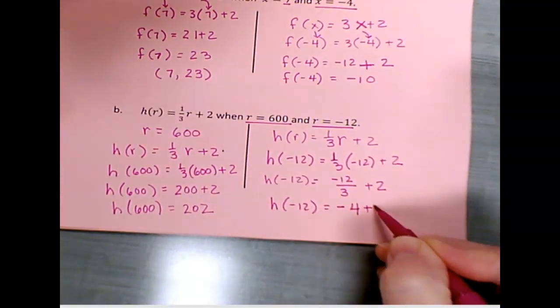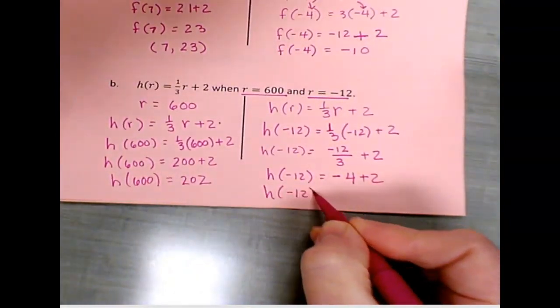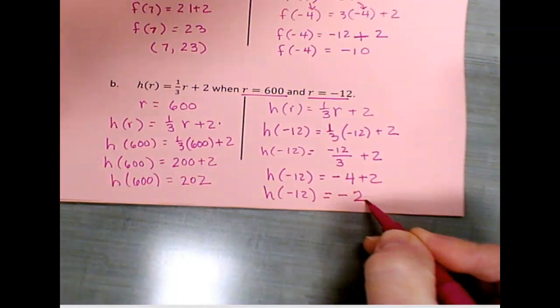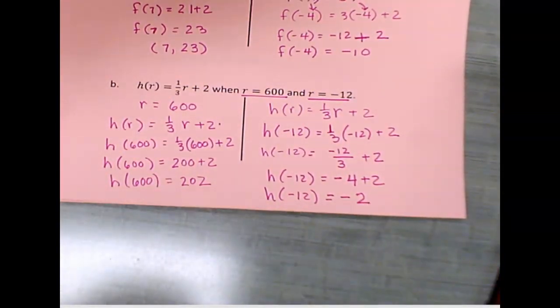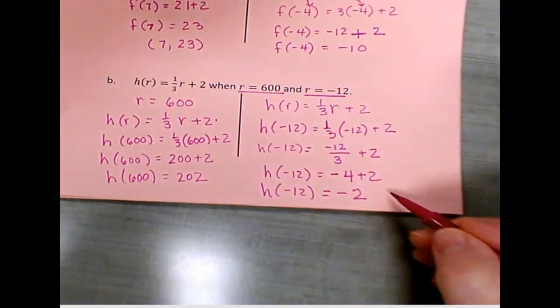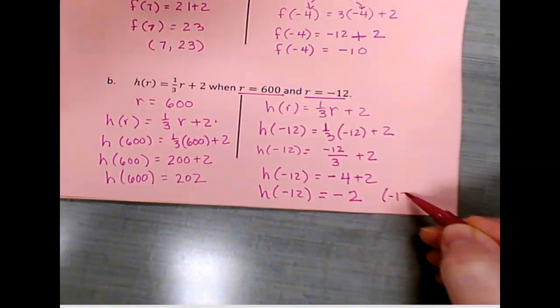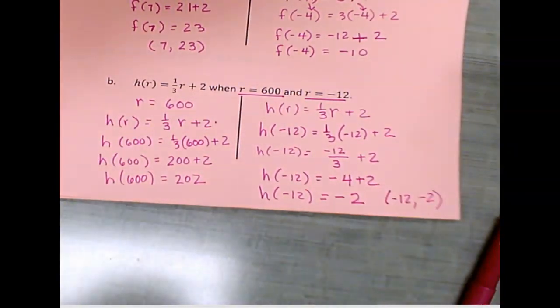That's going to have a negative sign. And that is my function rule. What that means is if I graph this linear equation, (-12, -2) would be one of the points on that line.